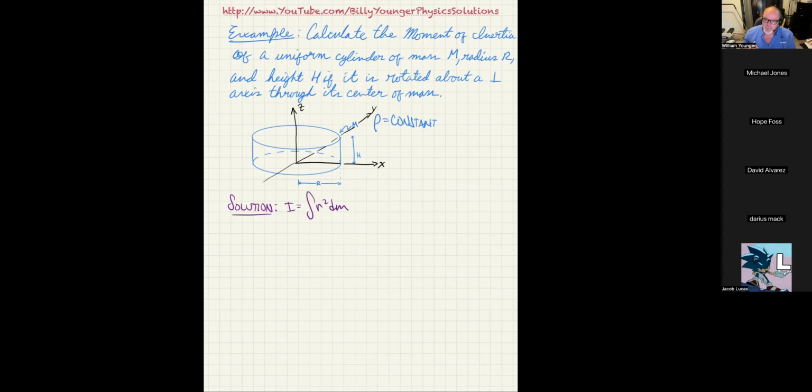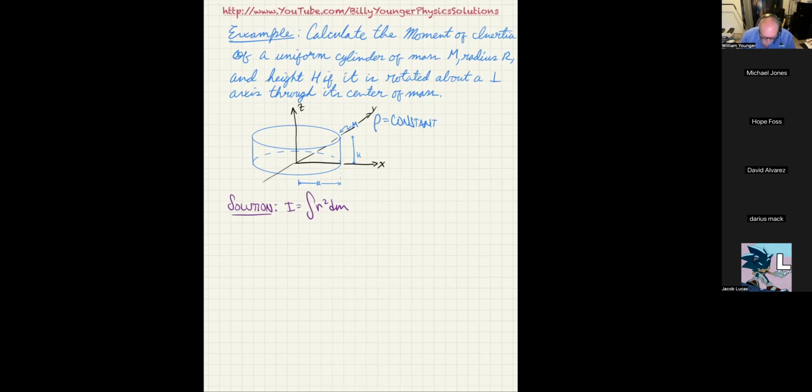In other words, if the r value varies wildly, macroscopically even, across a dm differential mass element, then we'd have to do some other process of figuring out what the average r is. But if we choose a dm that has an r that only varies by a differential amount, then we can use that r and integrate accordingly.